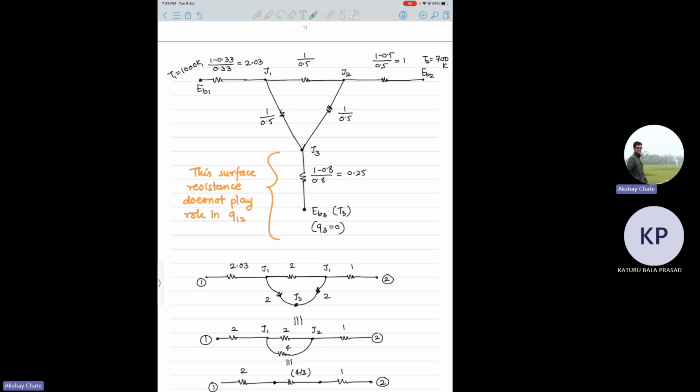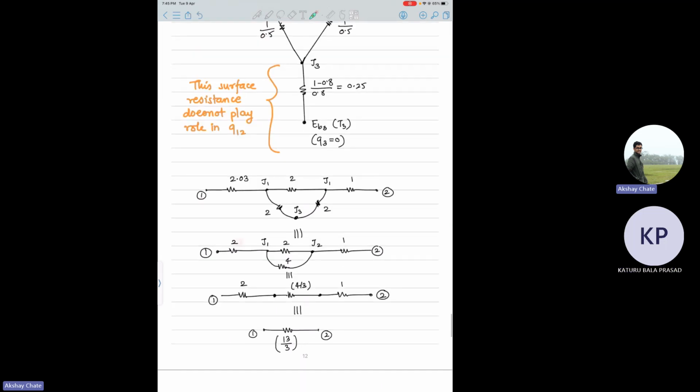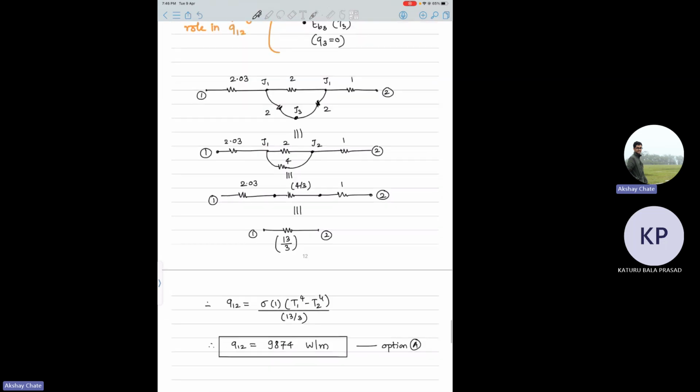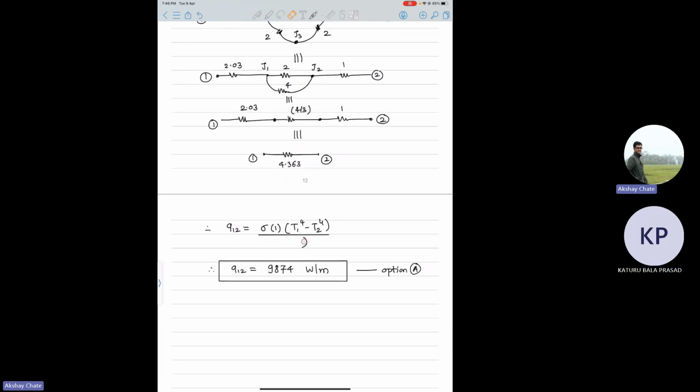Our first resistance, this resistance, because it is 0.67 divided by 0.33, right? So that is why the answer is not matching. But if you do it, it should be 0.3, and then your final resistance will be 4.363. So if you put that, you should get the answer.